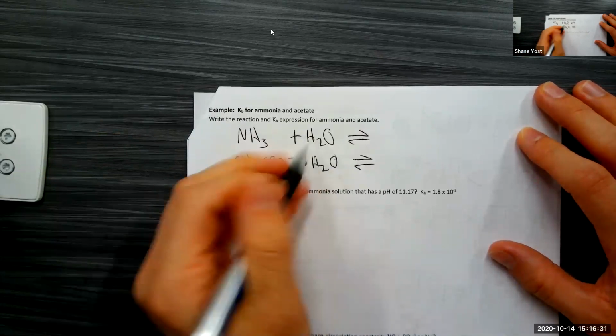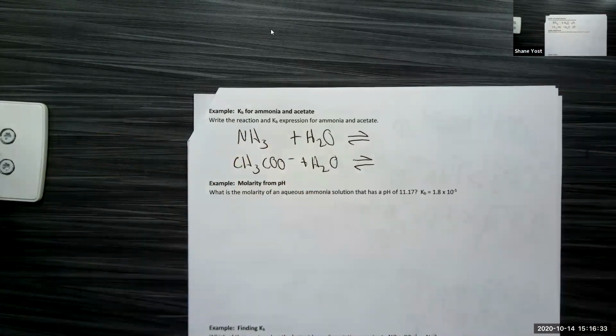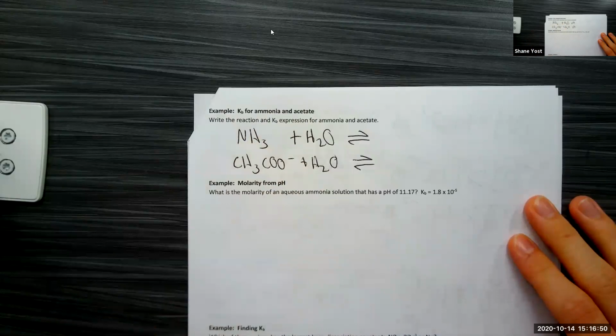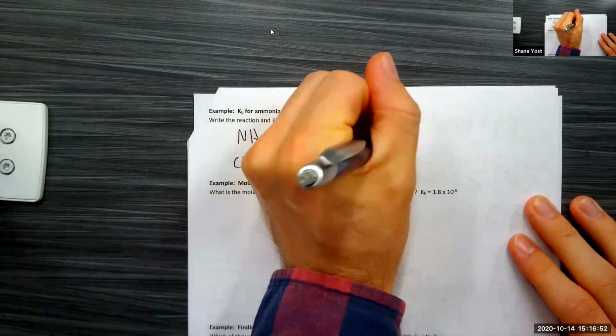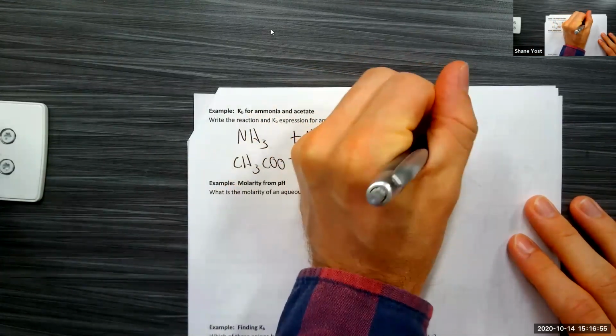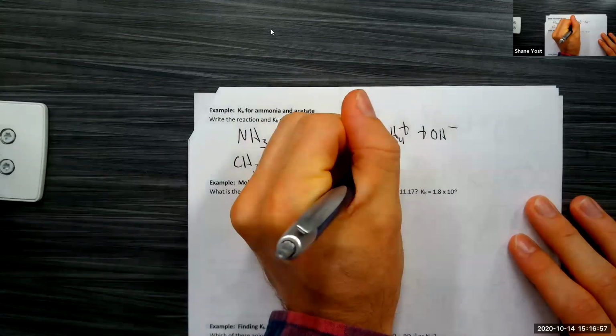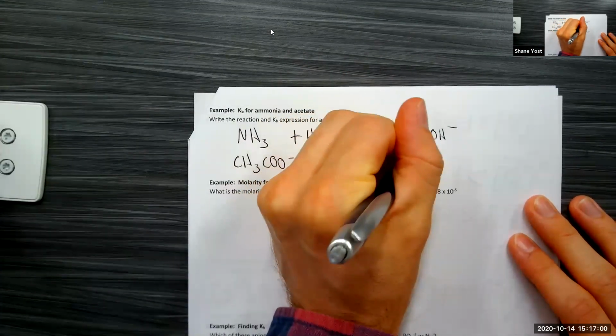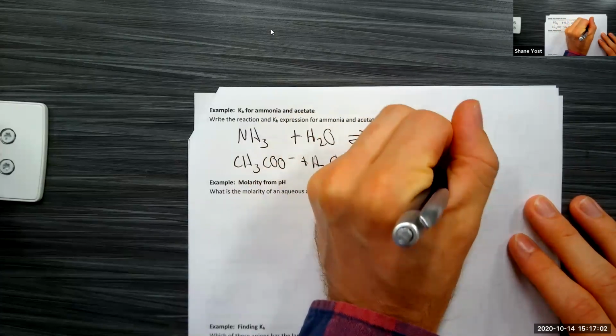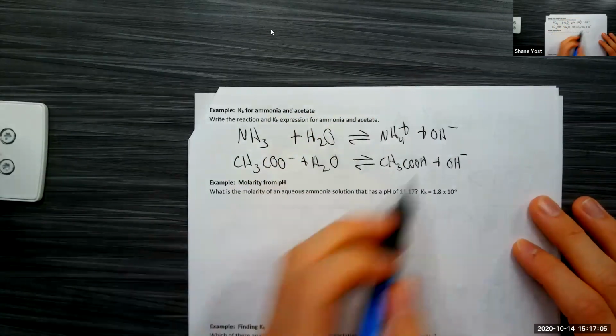So the proton has to come from somewhere. That proton comes from water. With weak acids, the water doesn't appear in the equilibrium reaction because the weak acid already has the proton to donate. But a base doesn't have the proton to accept, so it's going to get the proton from water in these equilibrium reactions. This is going to form NH4 plus OH minus, and this one's going to form CH3COOH plus OH minus. So these are equilibrium reactions.